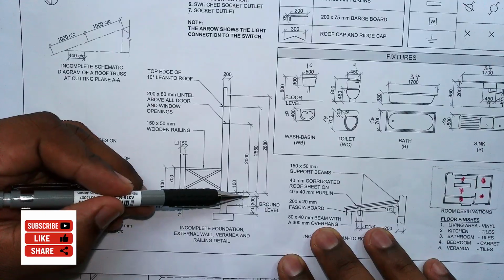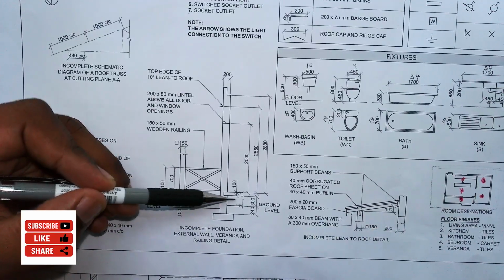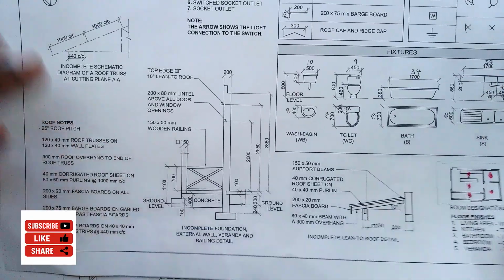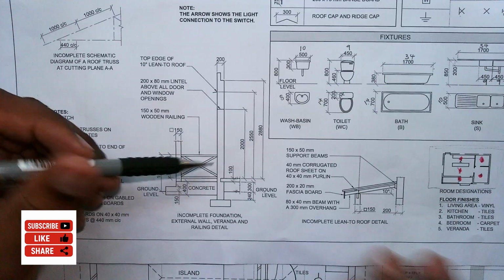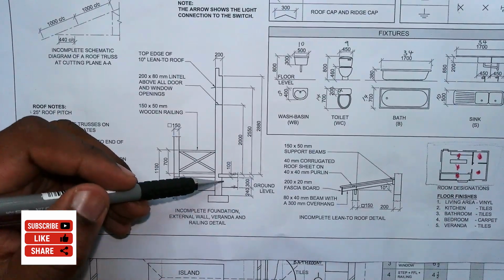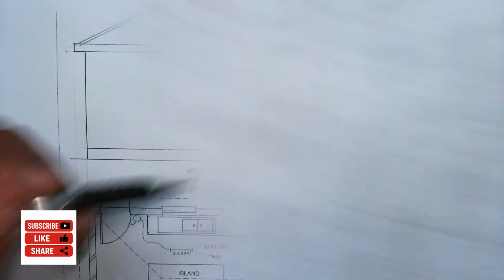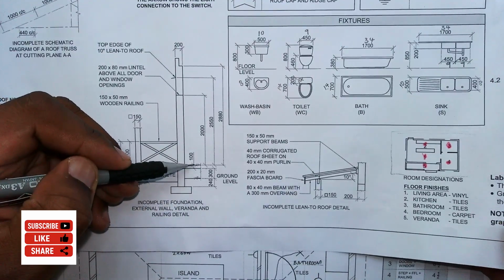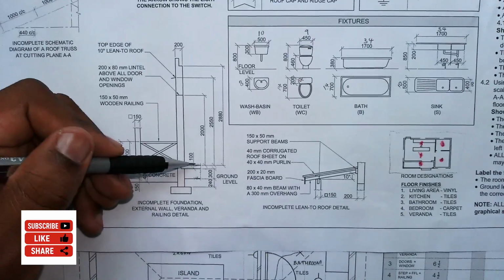It's 300 plus the 100, so it's 400 the height here, and when I divide 400 by 50 I get... oh sorry, it's not 4, it's 8. Sorry about that. So from the ground level there to the finished floor level is 400, so you divide it by 50, which is 8. It's not 4, it's 8.